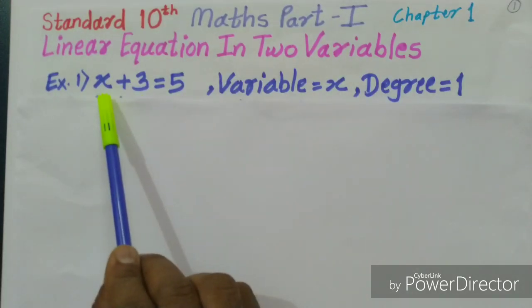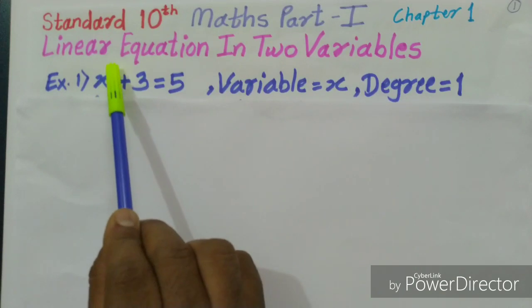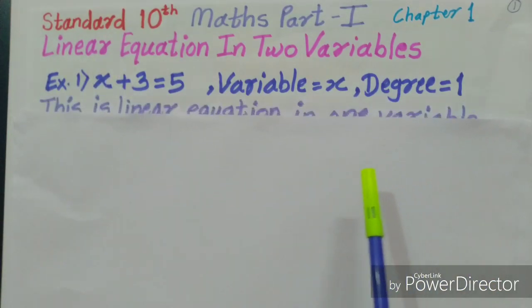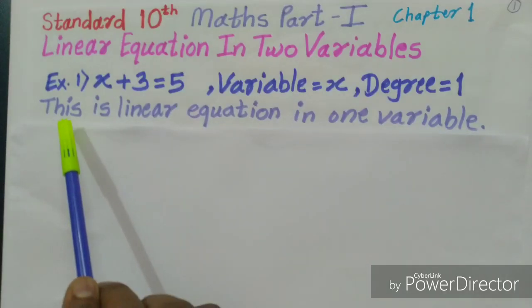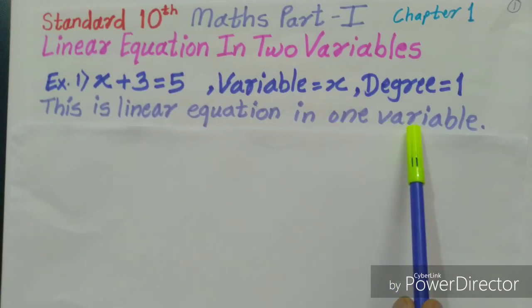In that example, x is the variable and the degree of x is 1. Therefore, this equation is a linear equation in one variable.